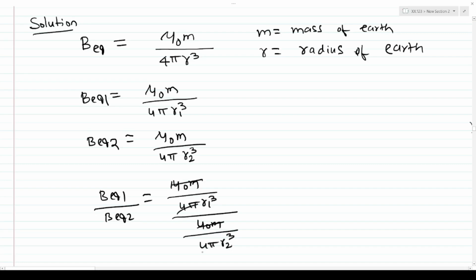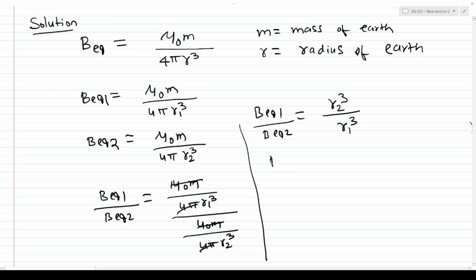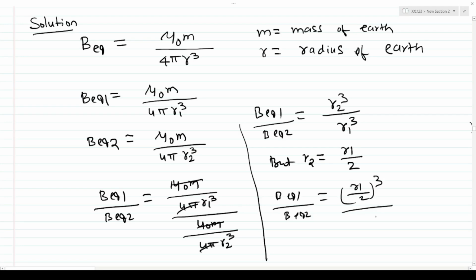These terms get cancelled, so we get B equator 1 to B equator 2 equals r2 cube upon r1 cube, but r2 is half of r1, therefore B equator 1 to B equator 2 equals r1 upon 2 whole cube divided by r1 cube equals 1 upon 8, which implies B equator 2 is nothing but 8 times B equator 1.